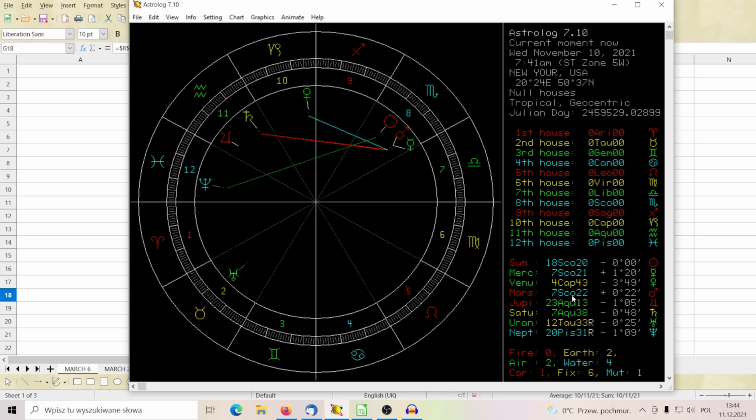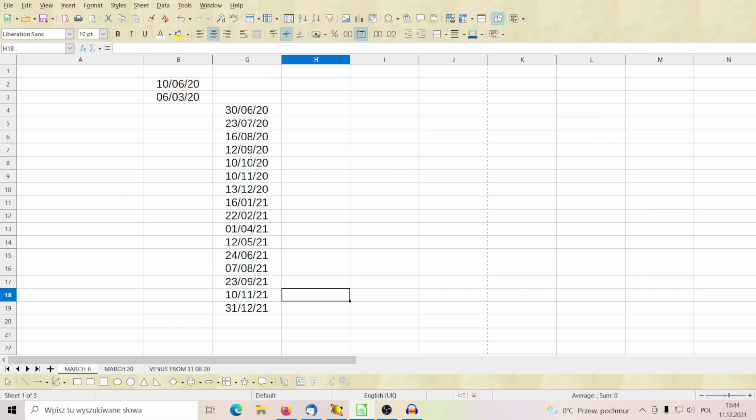It's up to the minute exactly. So it was around 7:41 a.m. New York time. And that conjunction tells me that my forecast over here, I would make a note that it is conjunction Mars, Mercury. And that's it.